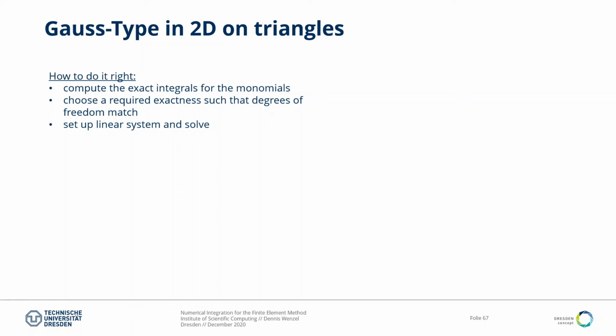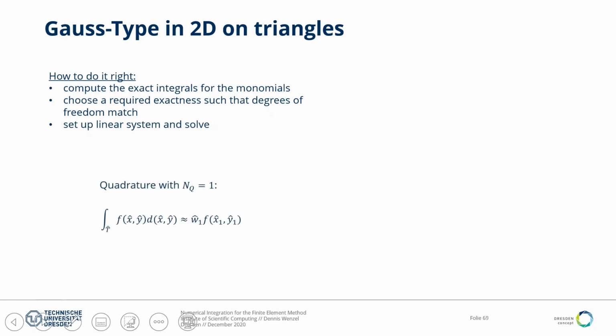Well, what we did was we computed the exact integrals for the monomials. We chose a required exactness such that the degrees of freedom are matching, and then we set up a linear system and solved it. And then we were perfectly fine because that gave us points and weights. So no one is stopping us from doing this in the same way also in 2D. So we preserve the concepts and not the results.